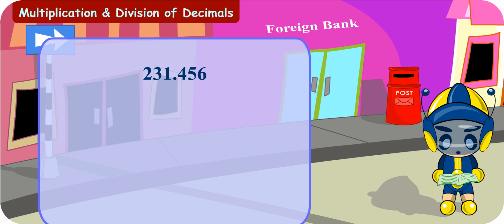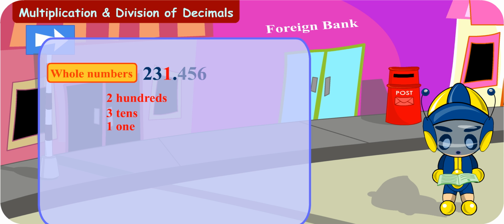In the decimal 231.456, the digits before the decimal point are whole numbers, and the value of each digit in 231 is 2 hundreds, 3 tens, 1 one.